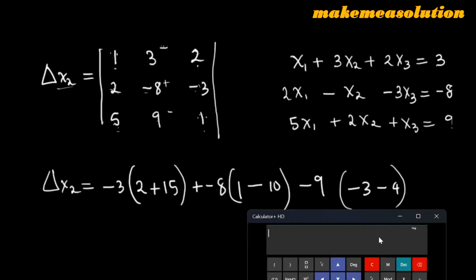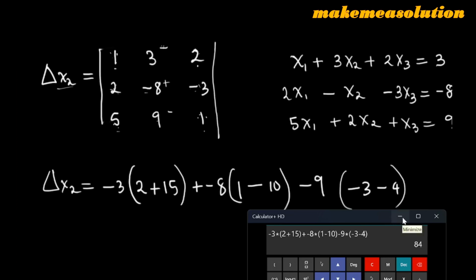So again, calculator to the rescue. Minus 3 times 2 plus 15, then plus minus 8 times 1 minus 10, then minus 9 times minus 3 minus 4, and you have 84.